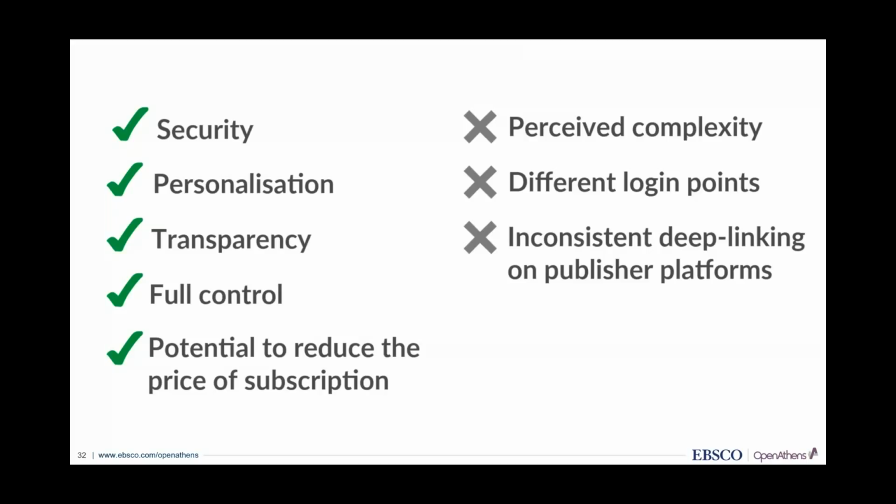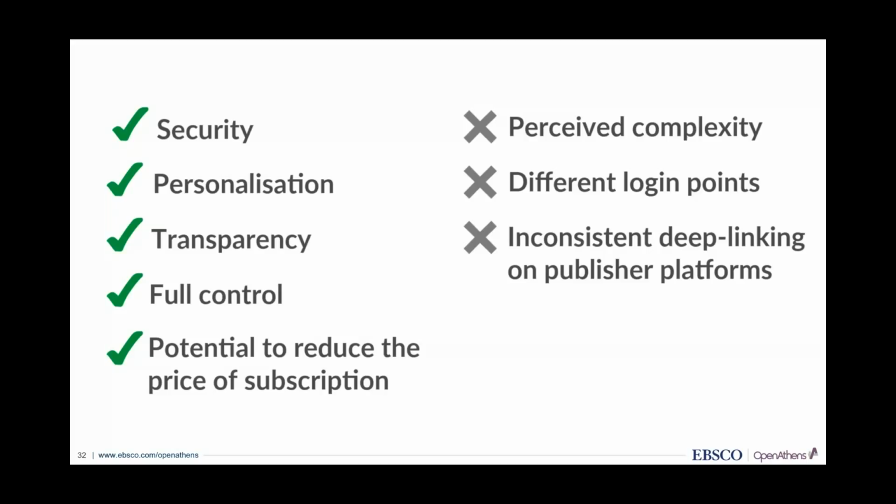Another thing that, again, A21 is seeking to address is different login points on publishers' websites. So if you went to Wiley and then you went to Taylor and Francis, you would find your login buttons in different places, and that can be quite confusing to users. Also, inconsistent deep linking on publishers' platforms.